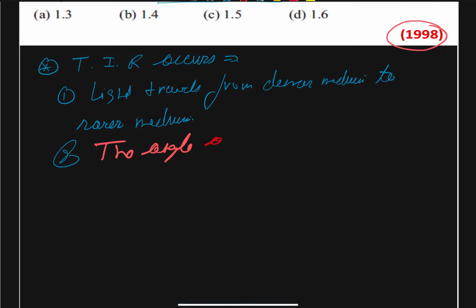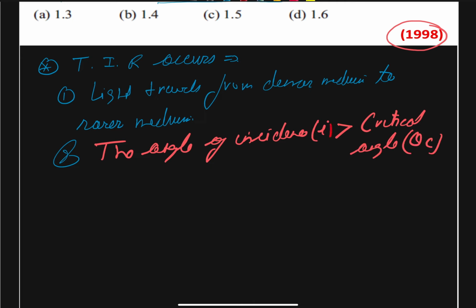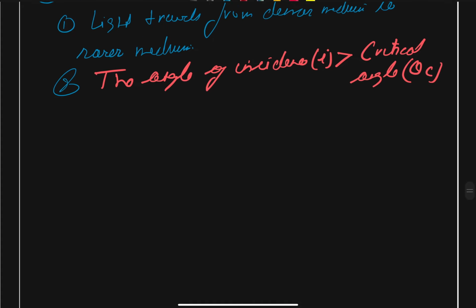The angle of incidence, that is i, should be greater than the critical angle, which is theta c. And for the critical angle, the formula we already know: sine of theta c is equal to the refractive index of air upon the refractive index of the material.